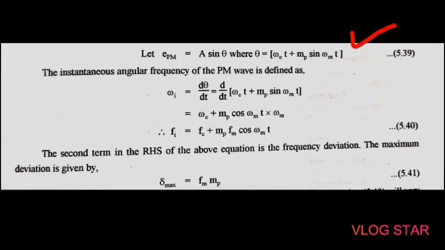So these are the two equations for FM and PM. So if PM is to be converted into FM, then what happens? Here only one change is there, that is MP and MF. So this MP is for the phase modulation and MF is for the FM modulation.